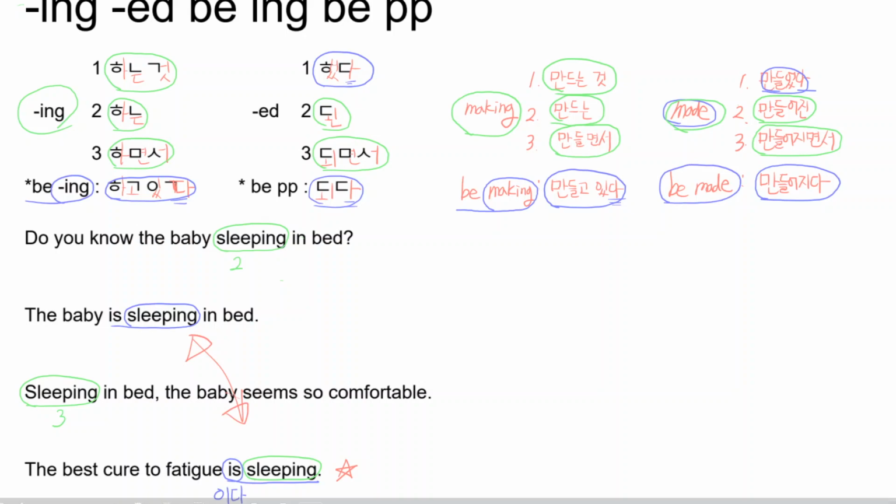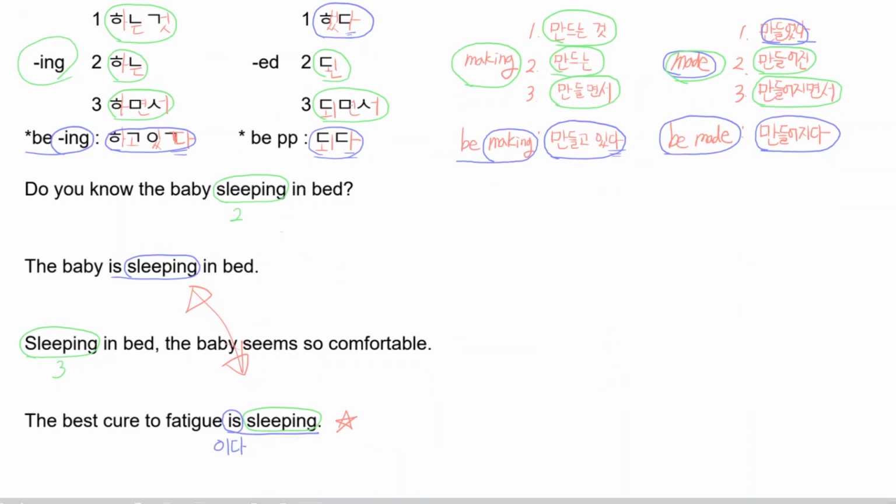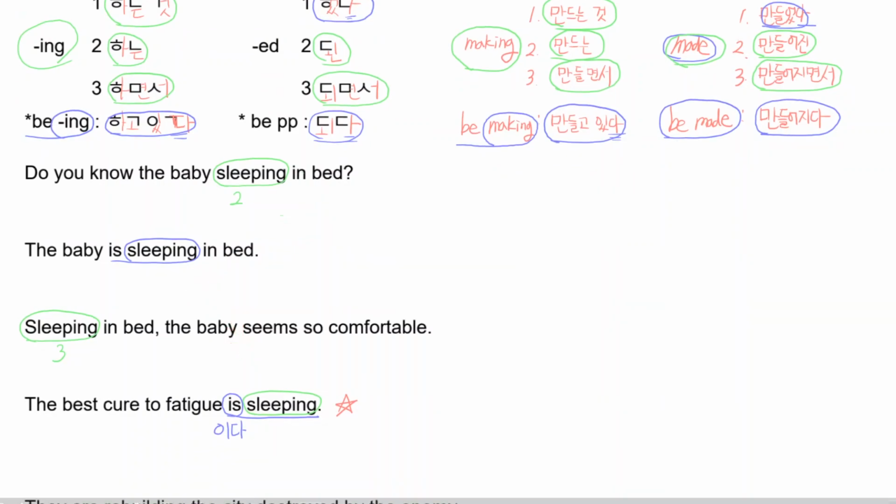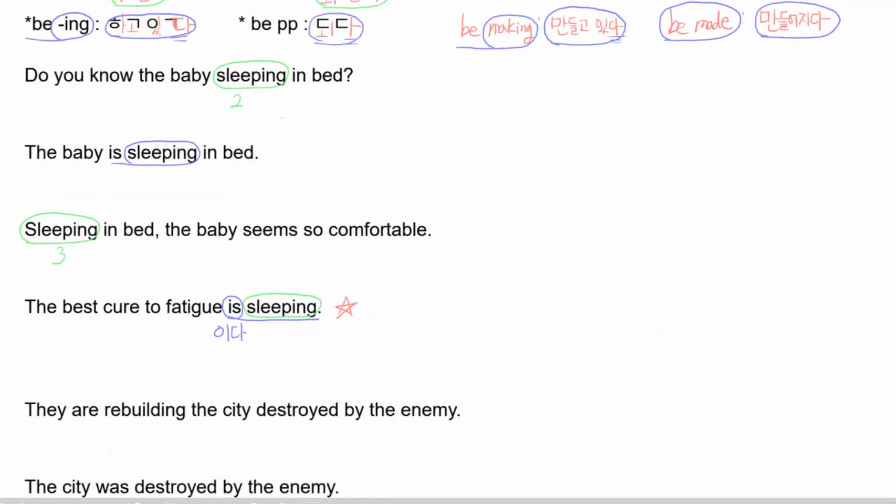We have the same words but different in meaning. That's why I would like you to draw lines in different colors, okay? This is how we see sentences very thoroughly in many levels. Okay, let's move on.